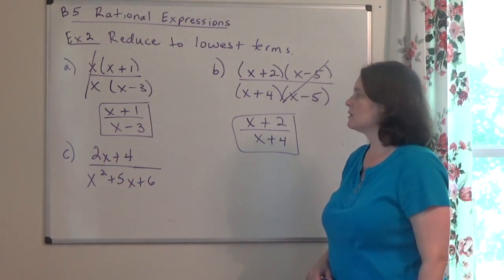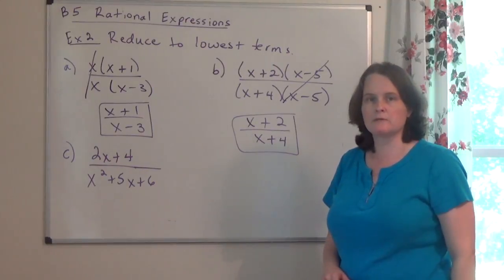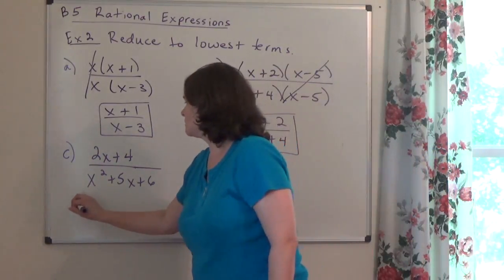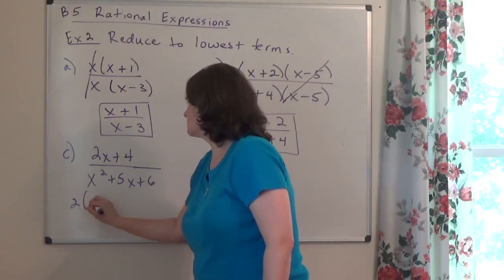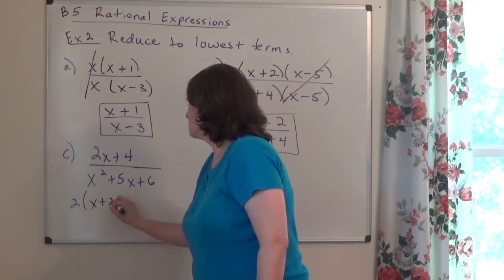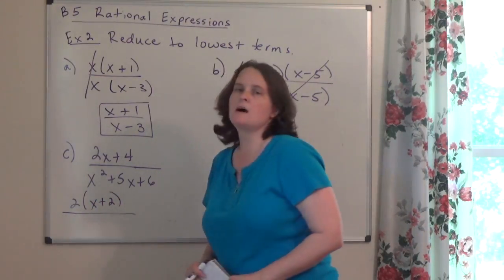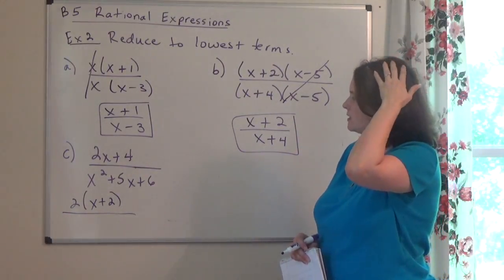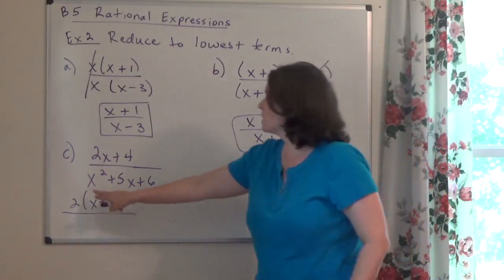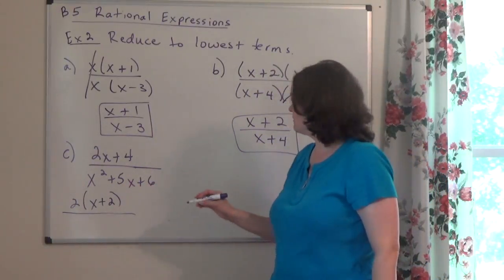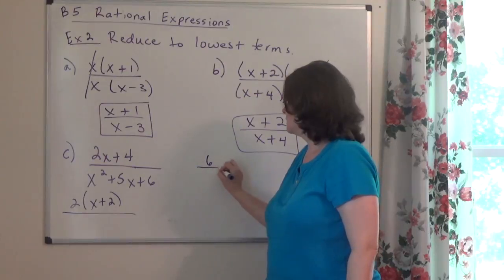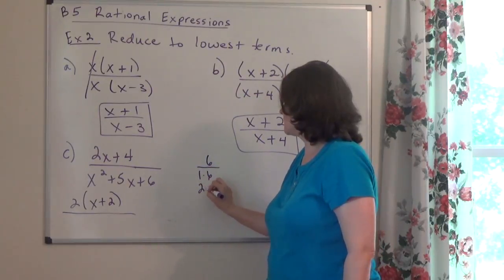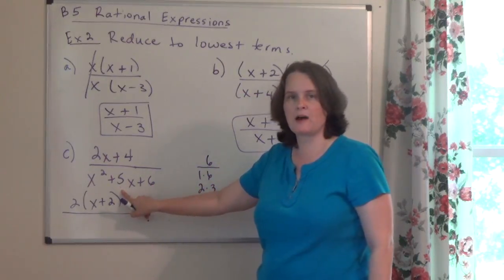All right, in the numerator, 2x plus 4 has a common factor of 2, so we can pull that out. That leaves x plus 2. Our denominator is a trinomial. Your a is 1, your c is 6. So you need factors of 6 that you could add or subtract to give you your middle term, 5.